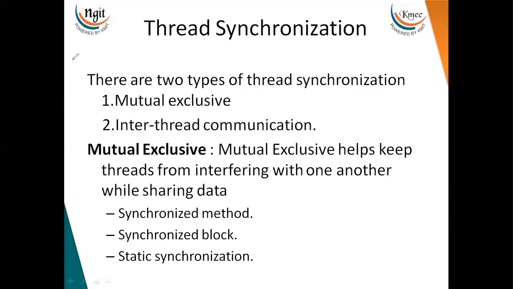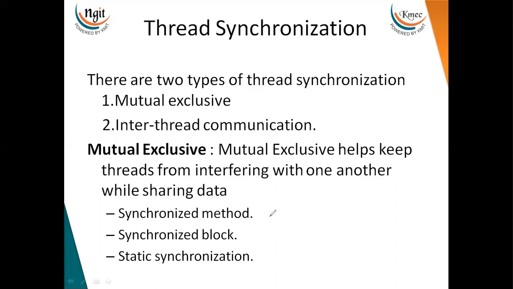This synchronization can be achieved in two ways. One is by using mutual exclusion, and the other is by using inter-thread communication. These are the different ways to achieve thread synchronization. Mutual exclusion helps the other threads not to interfere while a thread is using the shared resource.